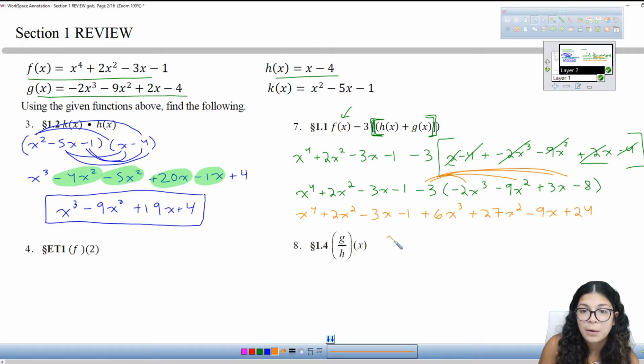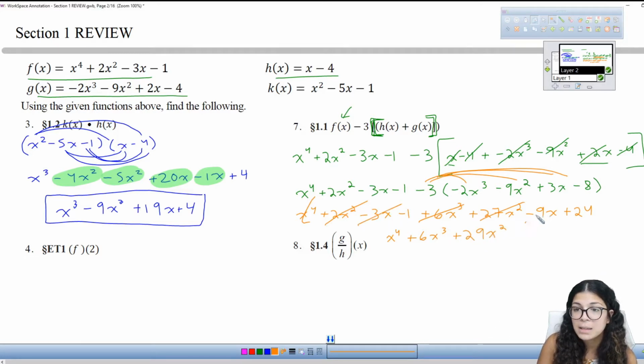So x to the power of 4, I can't combine with anything. X to the power of 3, I can't combine with anything. 2 plus 27 is 29, so I can combine those two. Negative 3 minus 9 is negative 12. And negative 1 plus 24 is 23.